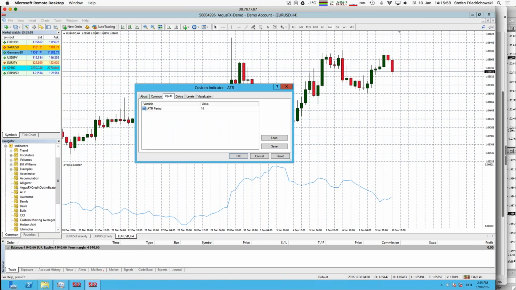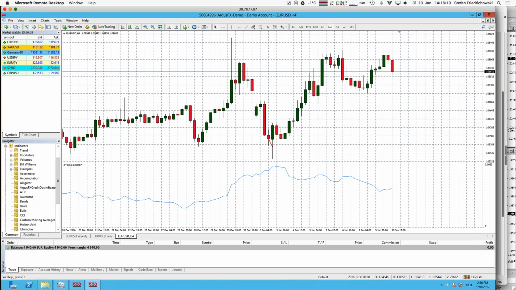So I double click the ATR once again, and there's another input possibility: we can choose a fixed minimum for the ATR chart. And that fixed minimum I always set to 0, because now I always have a 0 here in that chart, and I don't care too much about the actual scaling of the chart.